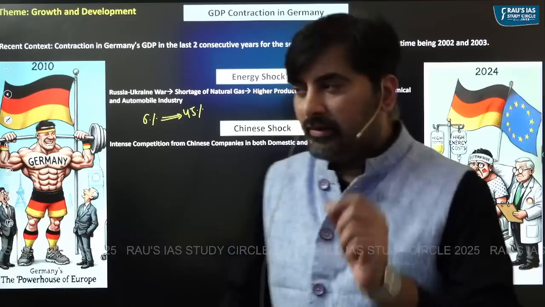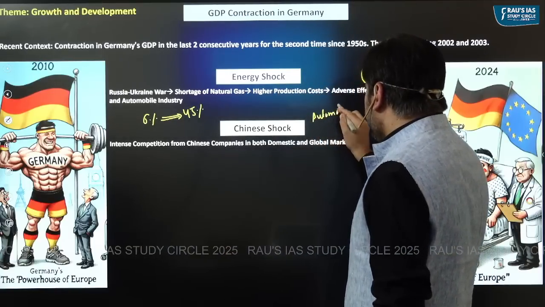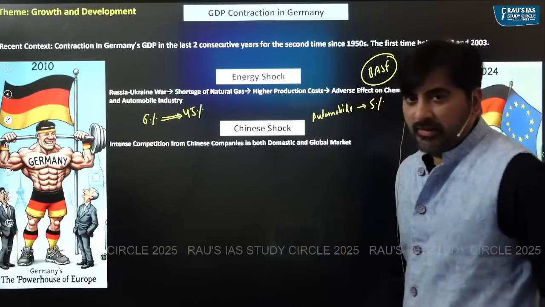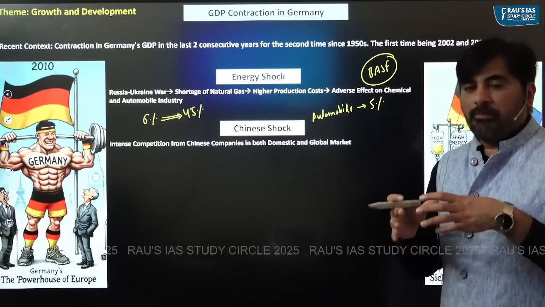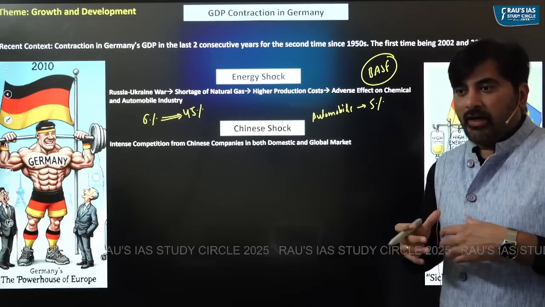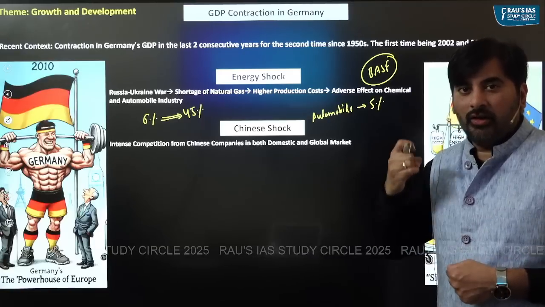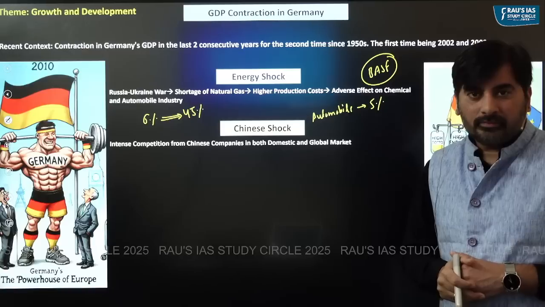For example, the automobile sector in Germany accounts for almost 5% of Germany's GDP. So the biggest automobile brands of Germany are unable to face the intense competition from the cheaper Chinese cars.